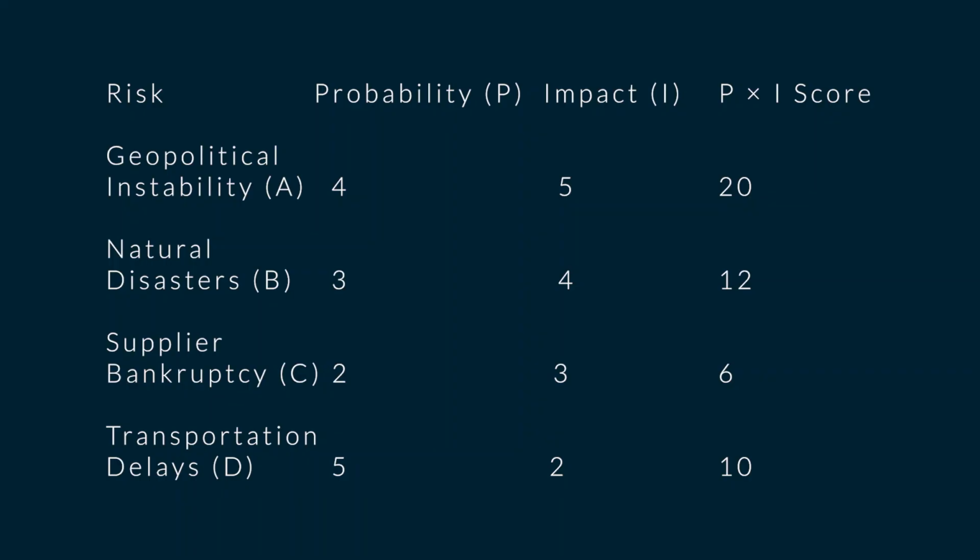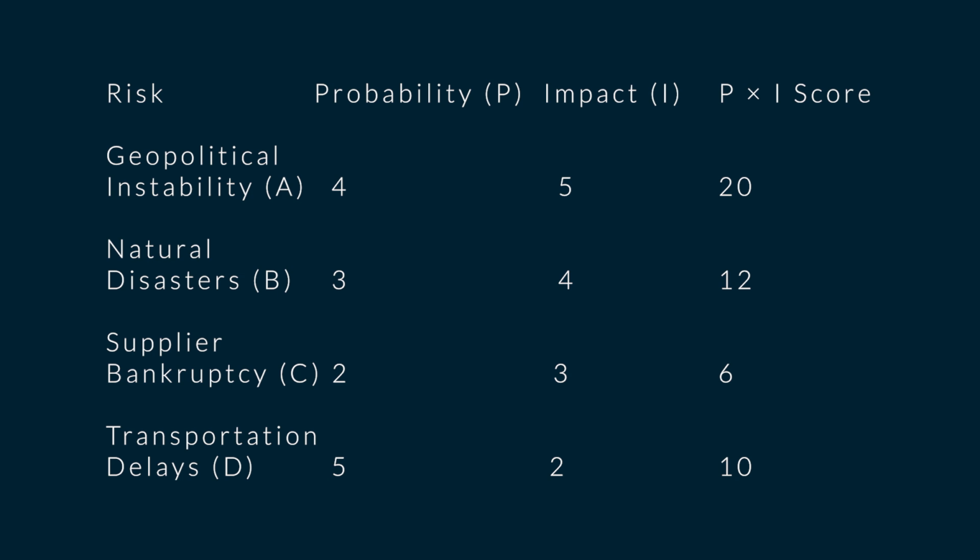So the scores in this case is what we mean. Geopolitical instability has a high probability, okay, which indicates that it's the most critical. And then you have natural disaster, the score is 12, so it's a significant risk, but less critical than geopolitical instability.